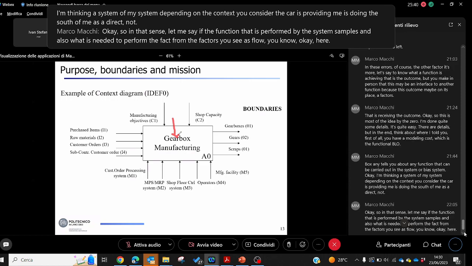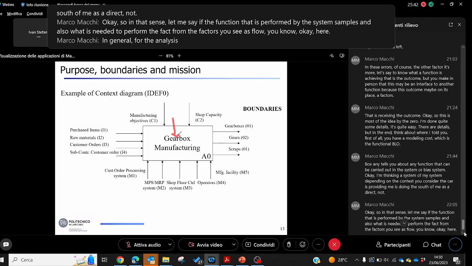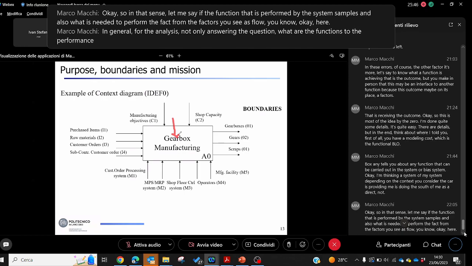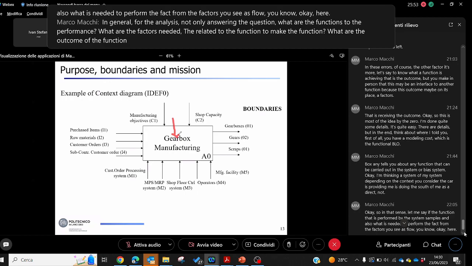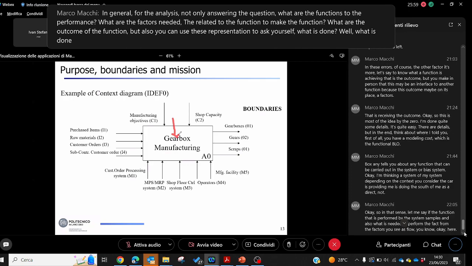In general, for the analysis, not only answering the question what are the functions to be performed, what are the factors needed related to the function to make the function, what are the outcomes of the function, but also you can use this representation to ask yourself what is done well, what is done in the right way, what is done in the wrong way.